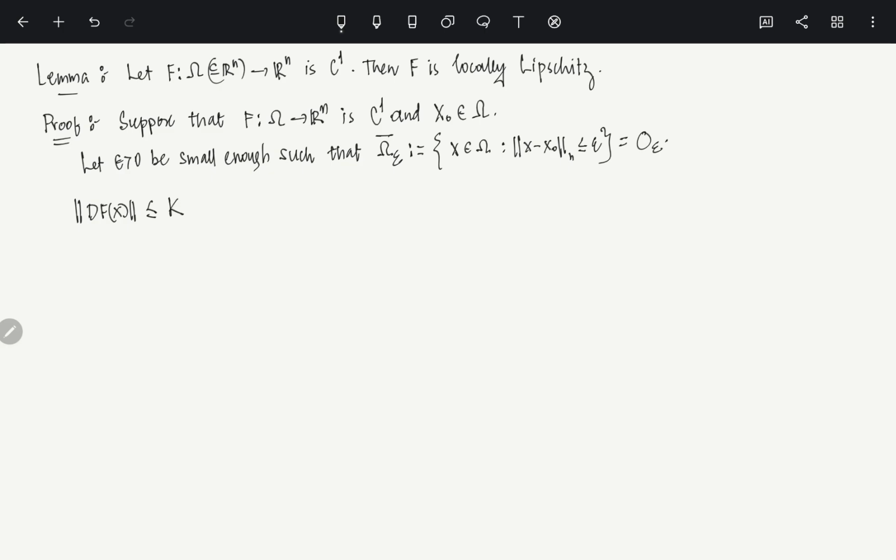So essentially what I am trying to say is this: f is C1, right? That will imply that the derivative of f at some point x is a linear map from Rn to Rn, which is again continuous because this is C1.